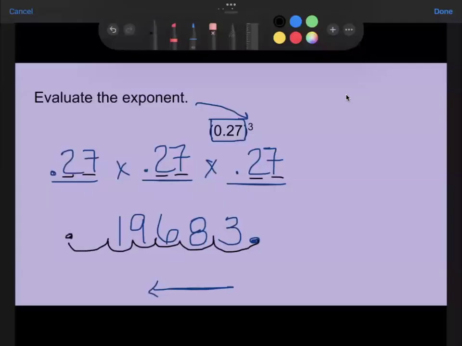So by doing that, I created an empty space. And when that happens, you put in a 0 in that empty space. So my final answer is that 0.27 to the third power is 0.019683.